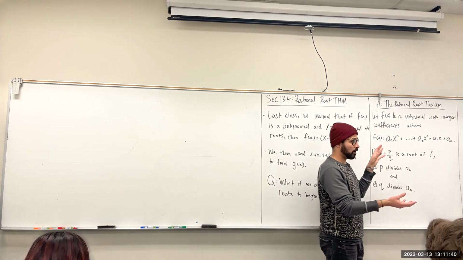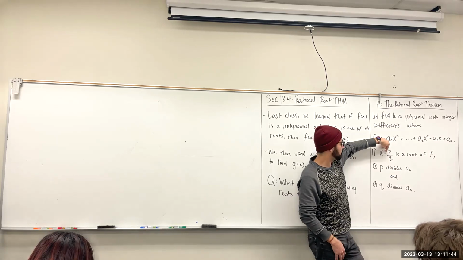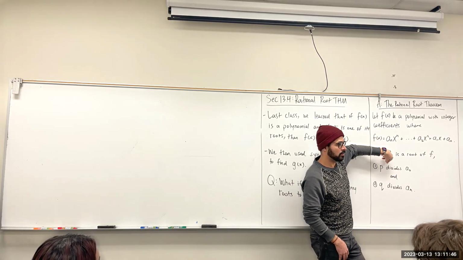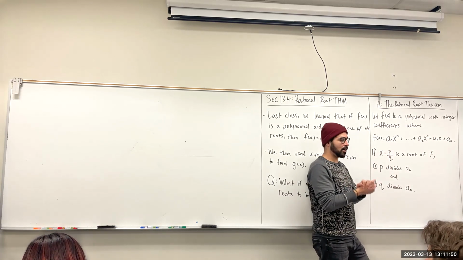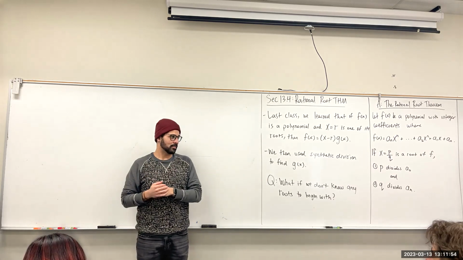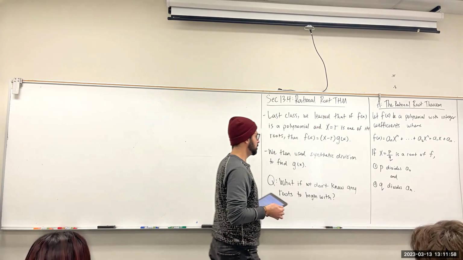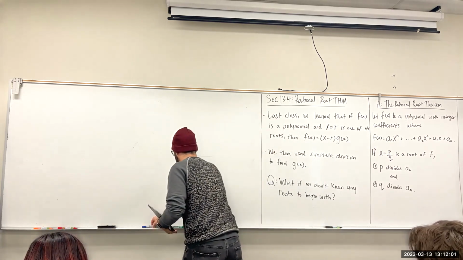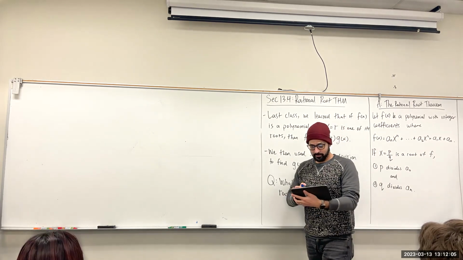From all those possible p's and q's, we create all the possible fractions p over q. Then we check to see if they're roots or not. How are we going to check? Synthetic division. It's going to be very time consuming.